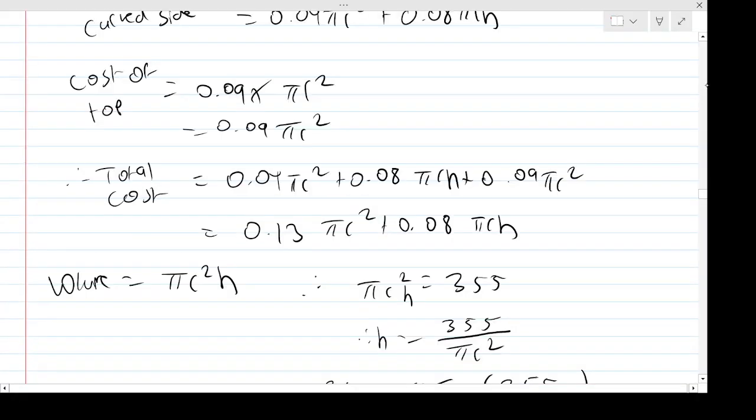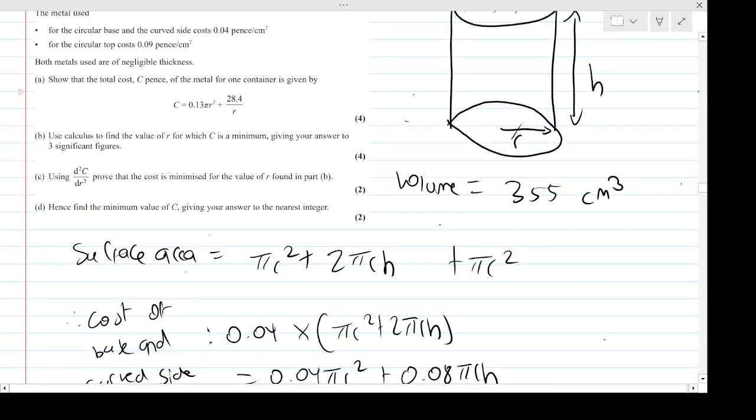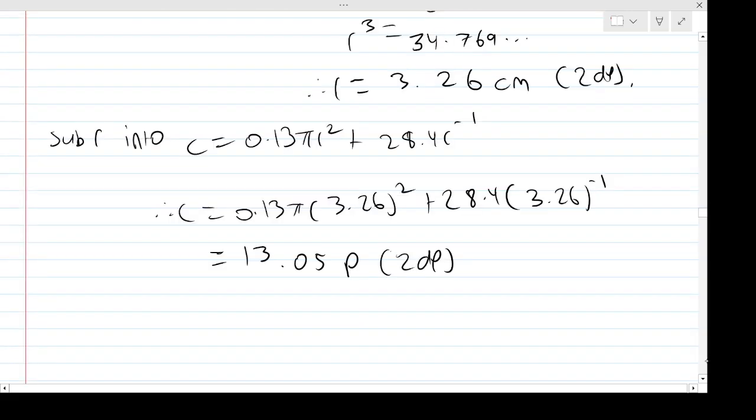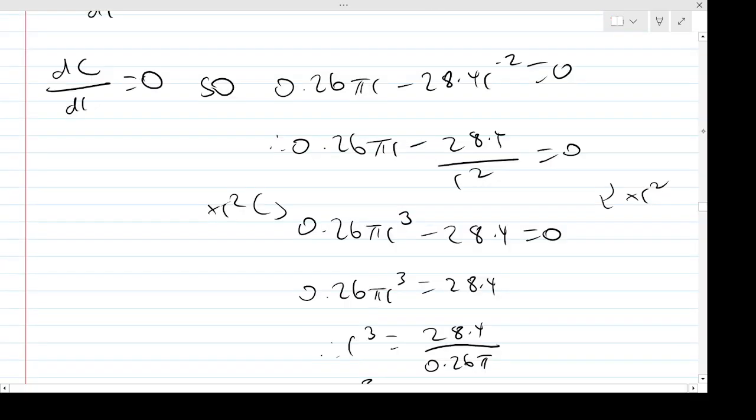It doesn't say to round it to anything, does it? Oh, to 3 significant figures. So to 3 significant figures, that'd be 13.1. And there we are. So that's the minimum value of c, my cost.